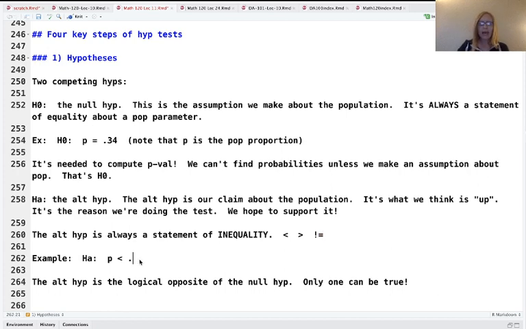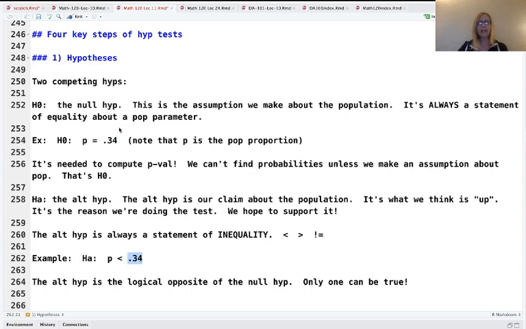So as an example, I'll keep this one the same. As an example alternate hypothesis, we might wonder if there's evidence that the proportion is actually less than whatever the null hypothesis said. Keep in mind, these two numbers here, whatever the actual value is, that's always going to be the same in both the null and alternate hypothesis.